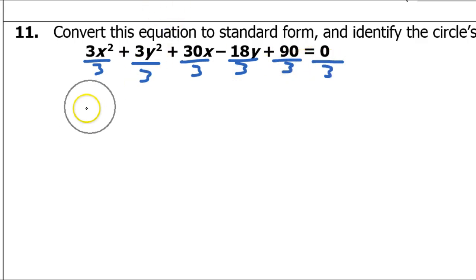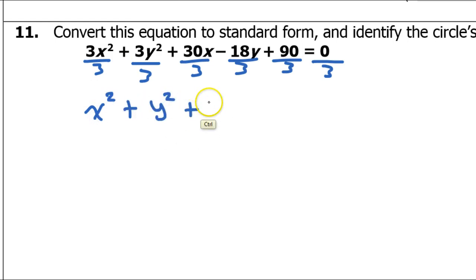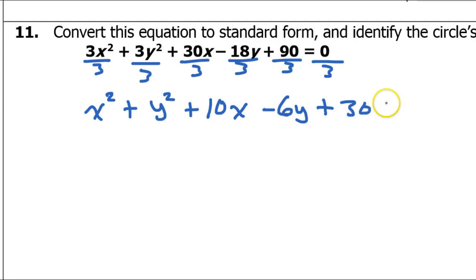So that's going to give me x squared plus y squared plus 10x minus 6y plus 30 is equal to 0.